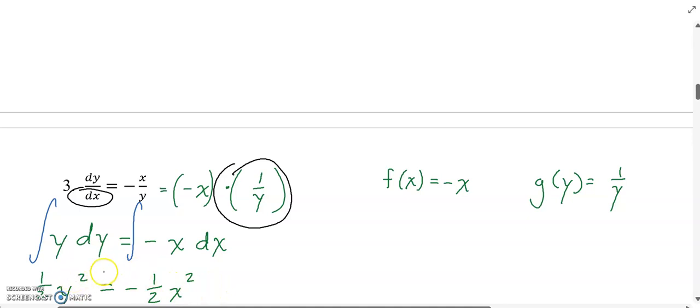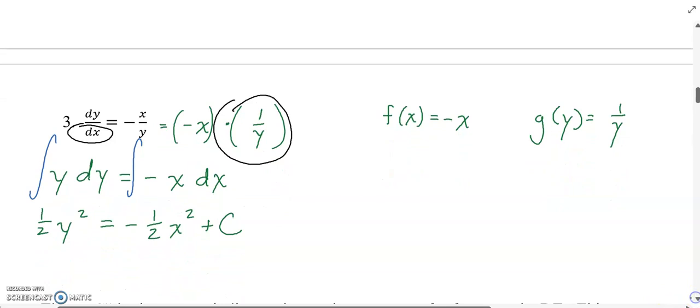We could put a plus c on the left side and the right side, but why would we? We'll just put a plus c on one side. Again, we're always going to pick the x side to put the plus c on, just because it's the side we're more comfortable with. It's kind of arbitrary. And that is a version of the solution to the differential equation.